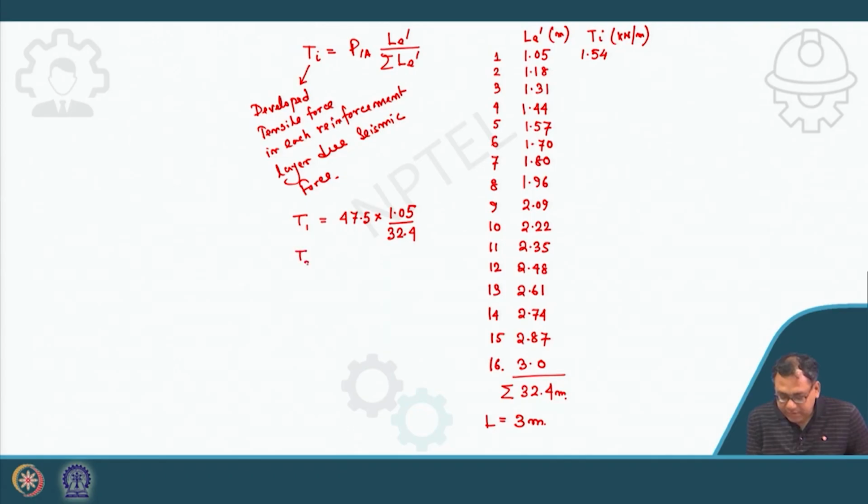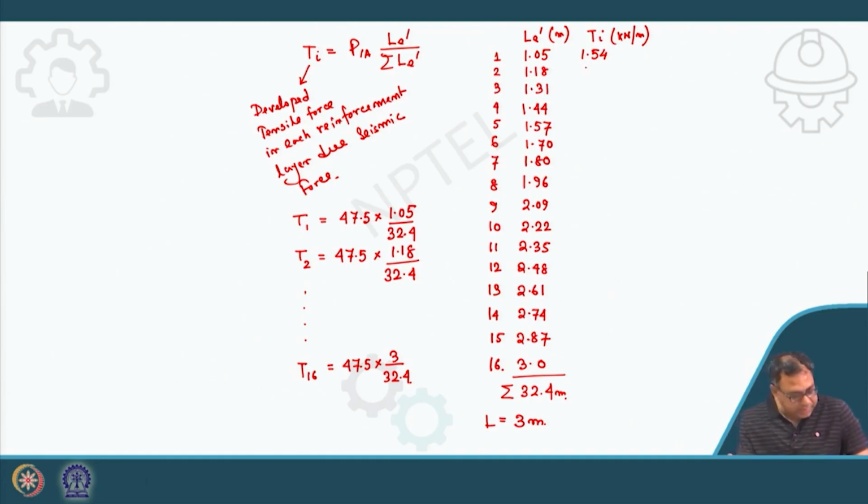Similarly, for the second layer it will be 47.5 into 1.18 divided by 32.4, and similarly for the 16th layer, or the last layer, it will be 47.5 into 3 divided by 32.4.